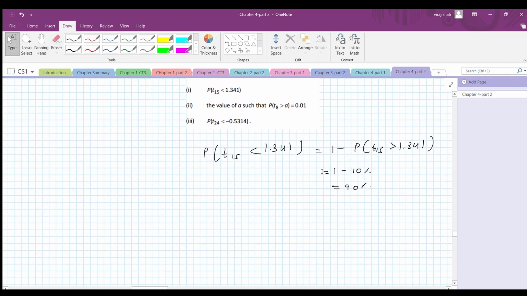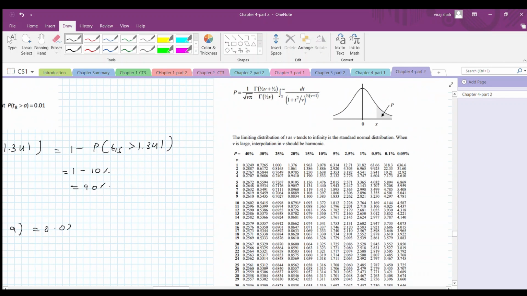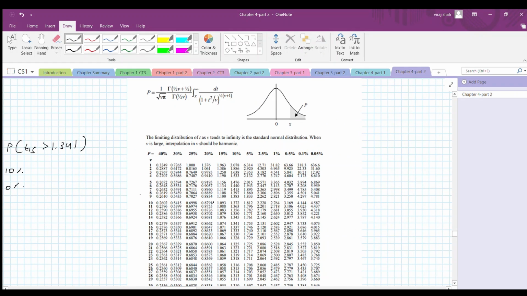Similarly, if I want to calculate the probability that T8 is greater than A is equal to 0.01, the value is A. I have the probability value, and I just want to find that number for which it is greater than. So for 8, where does my 1% lie? 1% lies here.